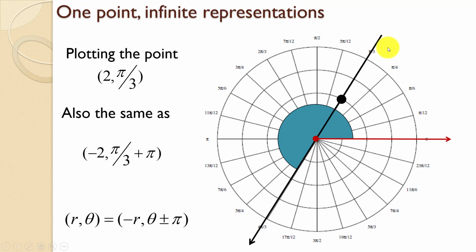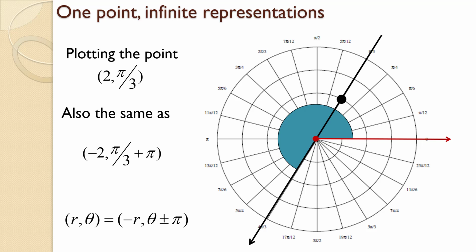This would now be the positive direction. But if you add π, now this would be the positive direction. Remember, this is the number line, so this is the positive direction, and then this would be the negative direction. Therefore this would be a −2 distance from the pole relative to this line. So the point would be (−2, π/3 + π).